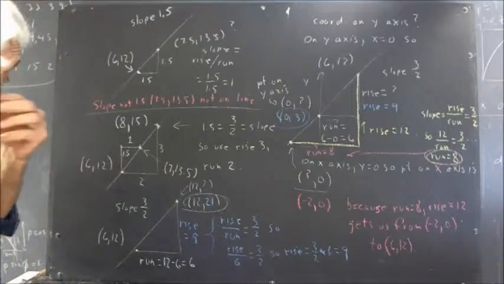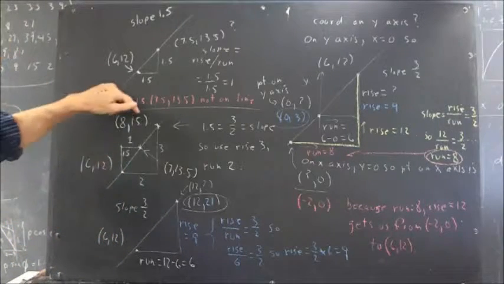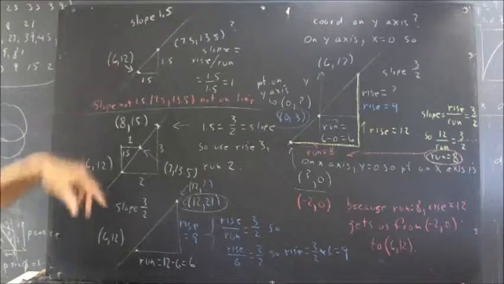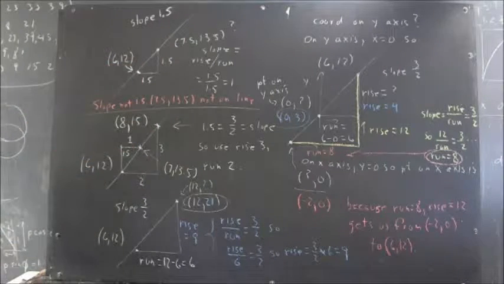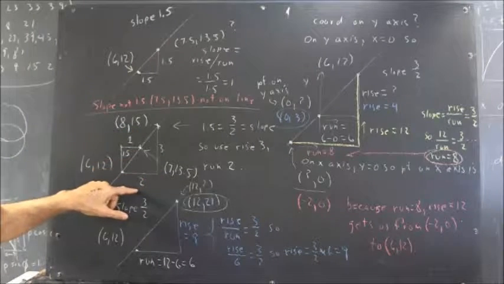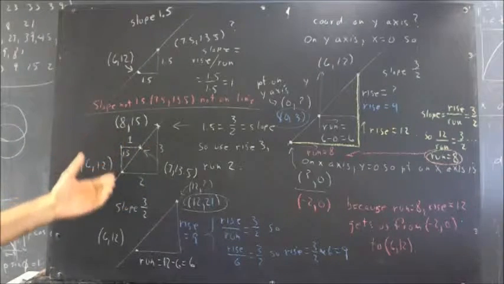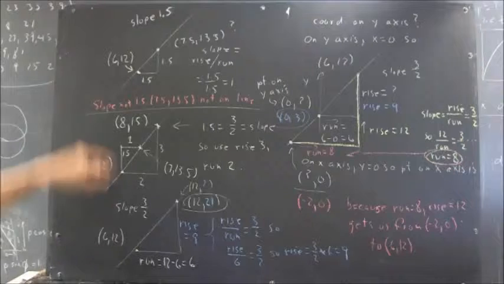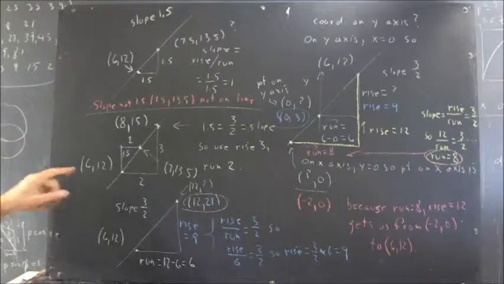And now we can calculate the slope. 15 minus 12 is 3, as it must be if we did our calculations right here. 8 minus 6 is 2. Rise 3, run 2, rise over run 3 over 2, which is 1.5. So (8, 15) is a point on this line.